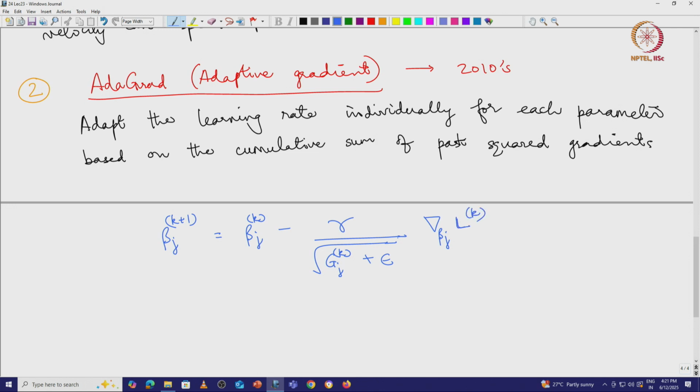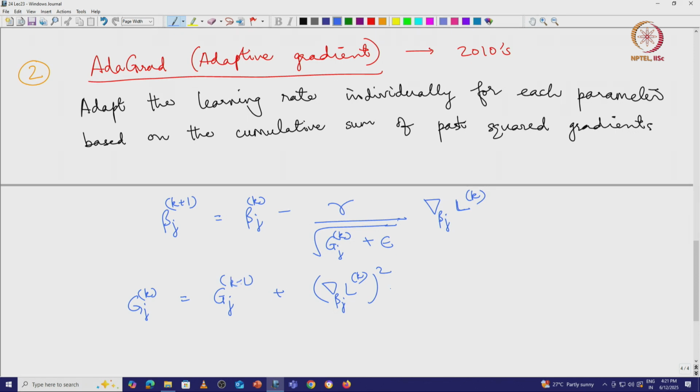And like I said, this g j k is storing the squared gradients as follows. I had mentioned that this epsilon is a small constant to prevent division by 0.